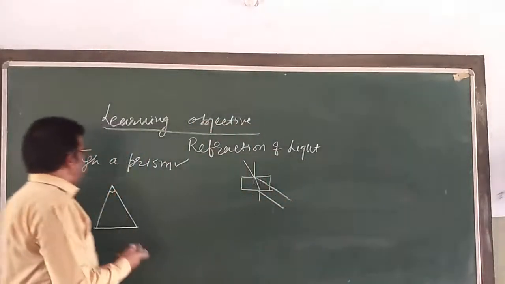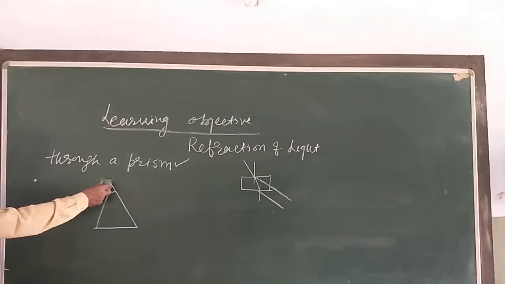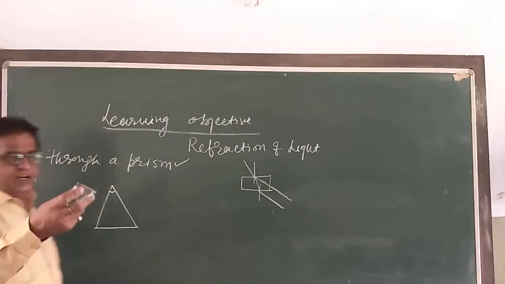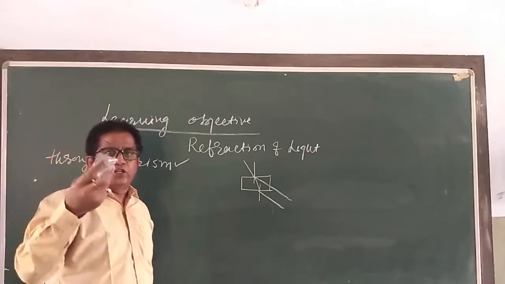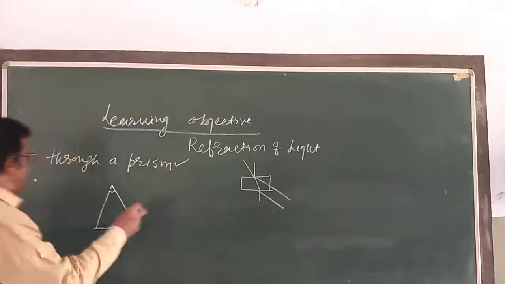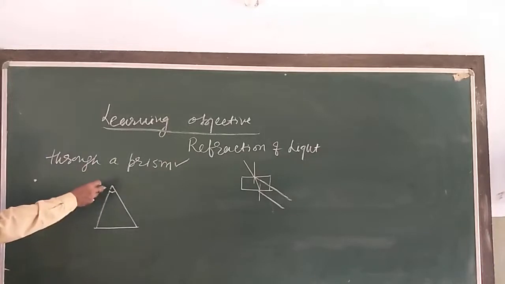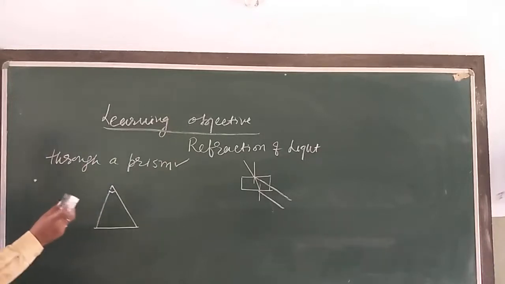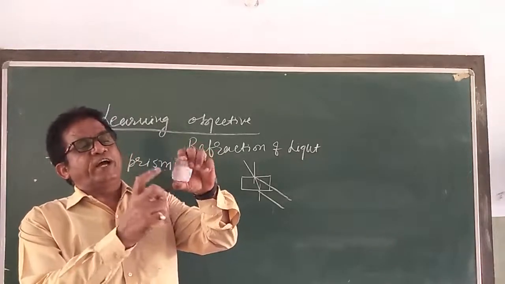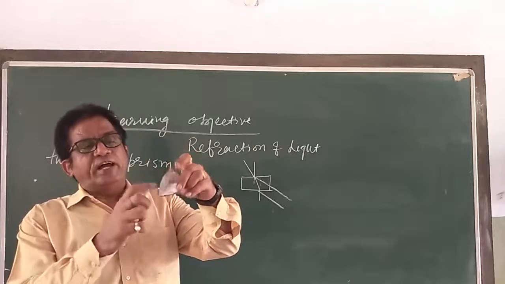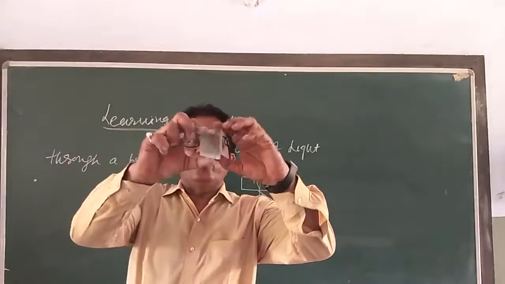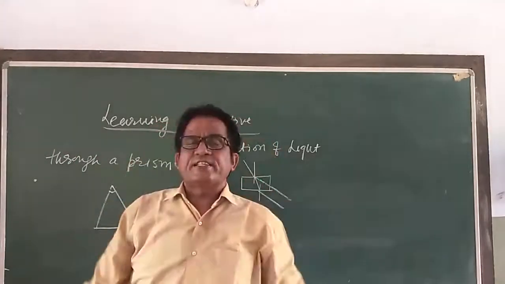A triangular glass prism has 2 triangular bases, here 1 and here 2, and 3 rectangular lateral surfaces, 1, 2 and 3. Easily you can see the triangular bases and the 3 rectangular surfaces in this prism.